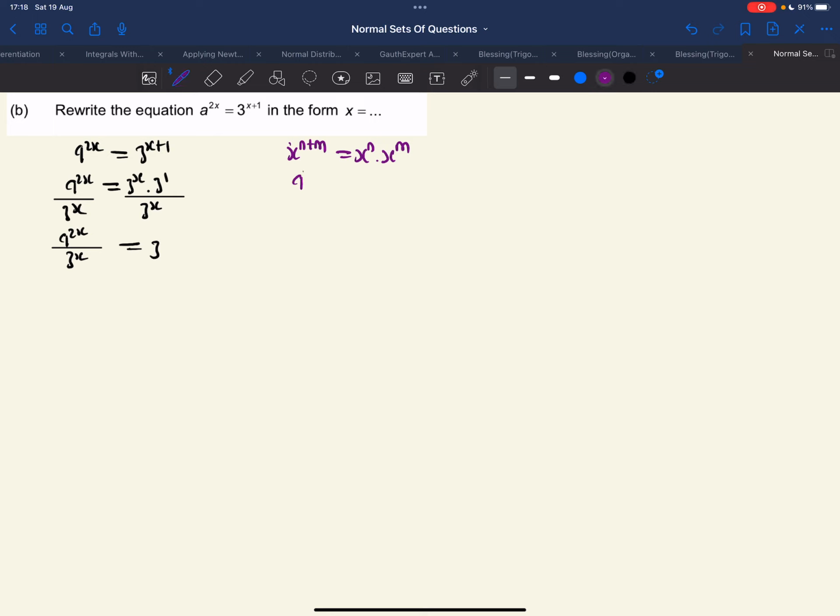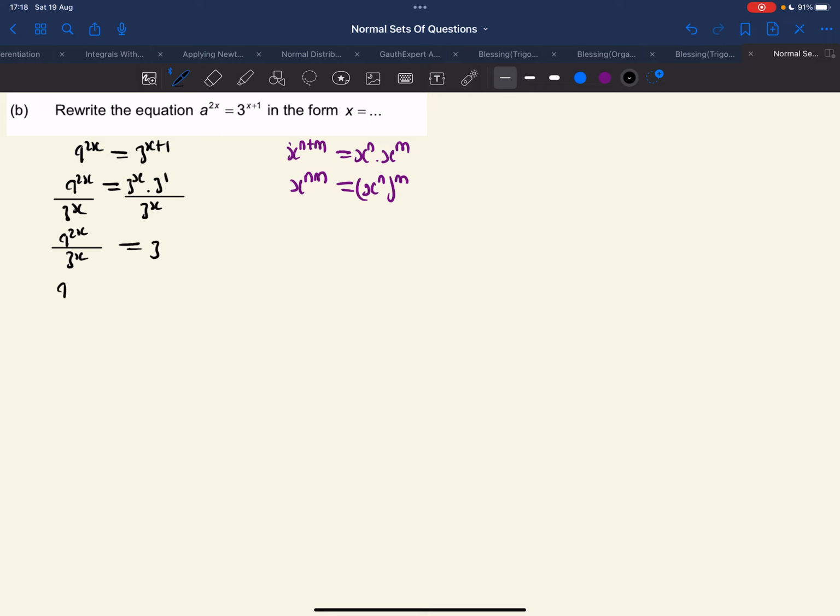Now another thing that we can do, which is also according to exponential laws, is that if something is given as a to the power of n and then to the power of m, it is basically the same as saying a to the power of n times m. So we can change that a to the power of 2x into a squared, with the x outside, like this.